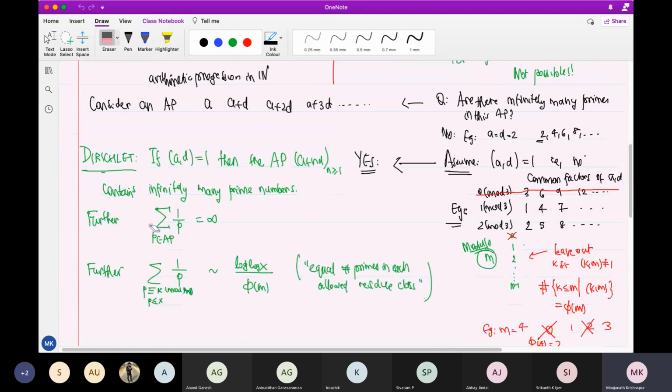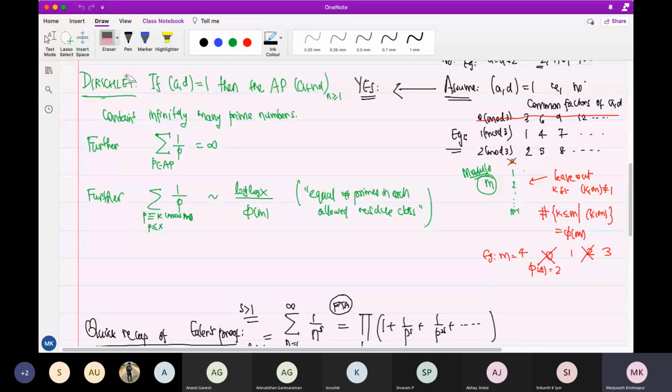Instead of this, one can write equally this sum divided by the sum of 1 over p over all primes less than or equal to x, and that whole quantity tends to 1 over phi of m.